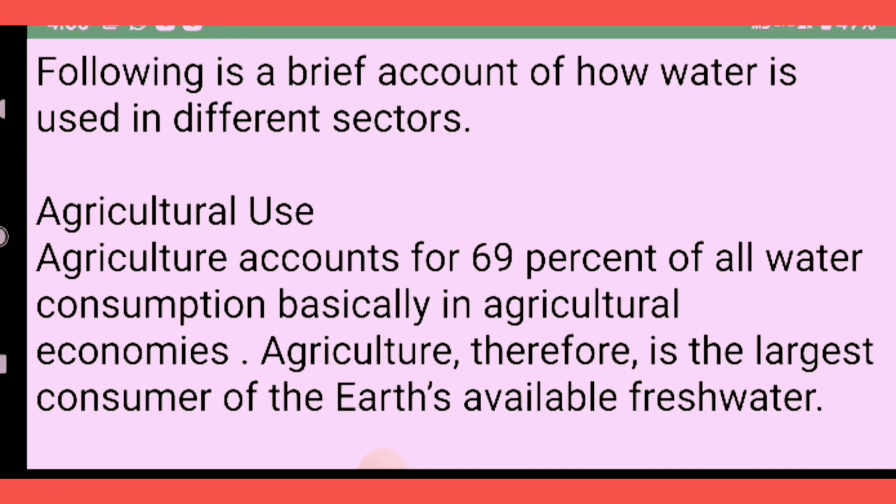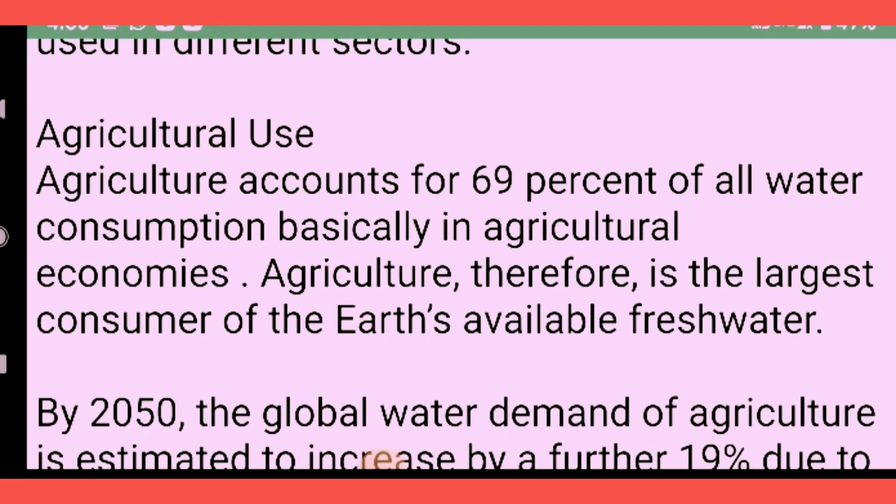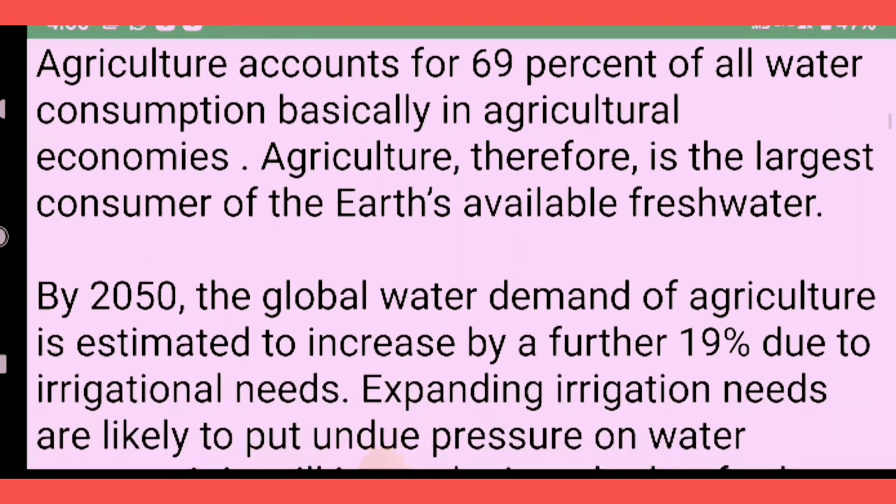Agriculture use. Agriculture accounts for 69% of all water consumption, basically in agricultural economies. Agriculture, therefore, is the largest consumer of the earth's available fresh water.